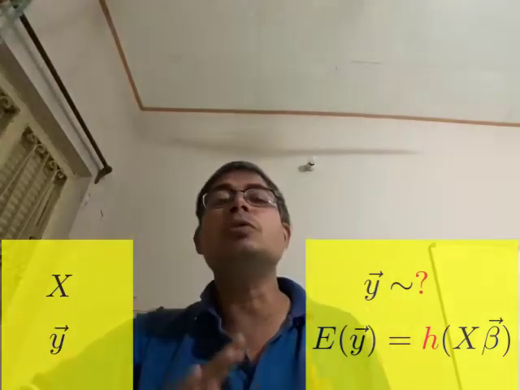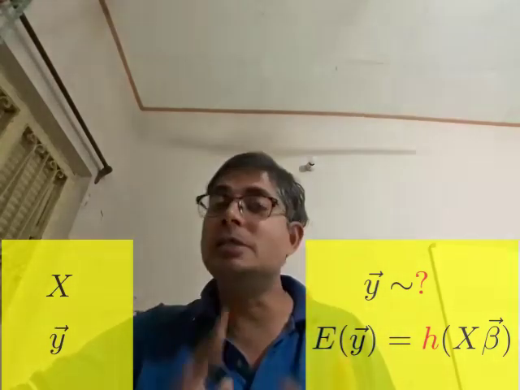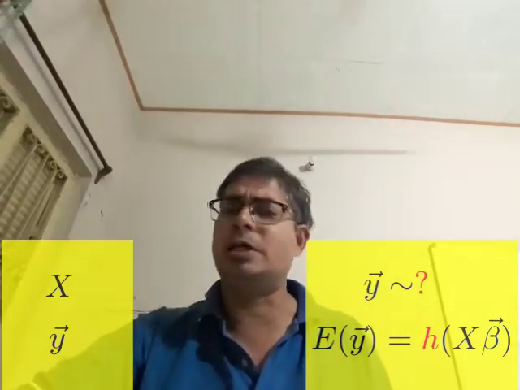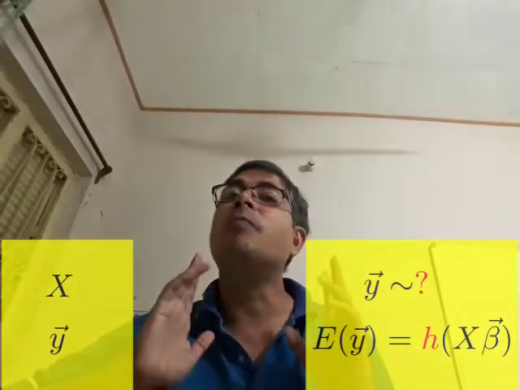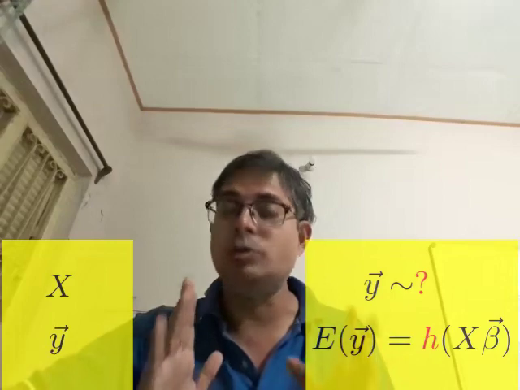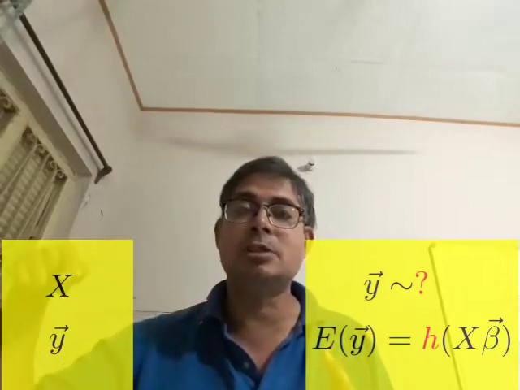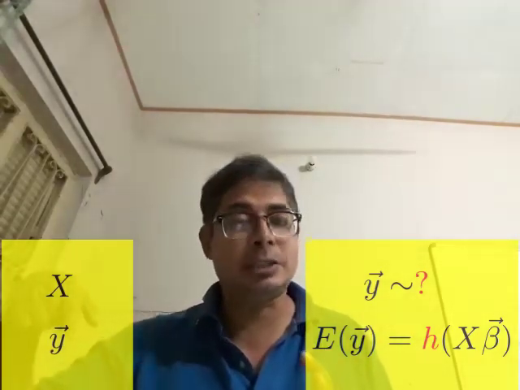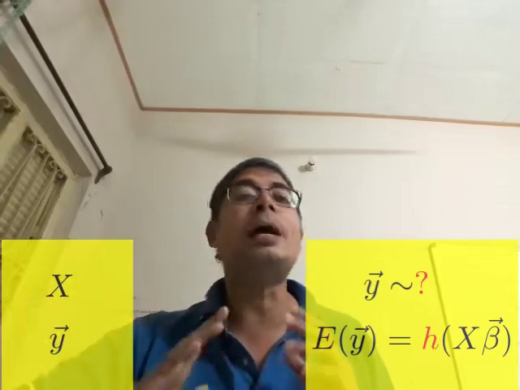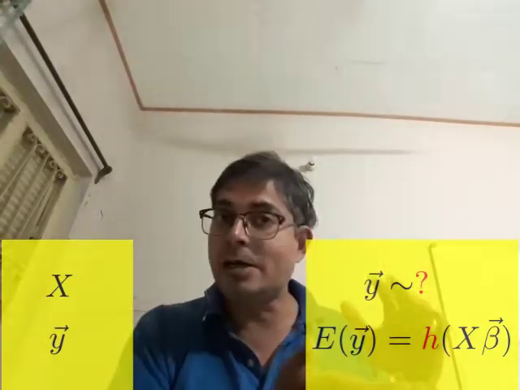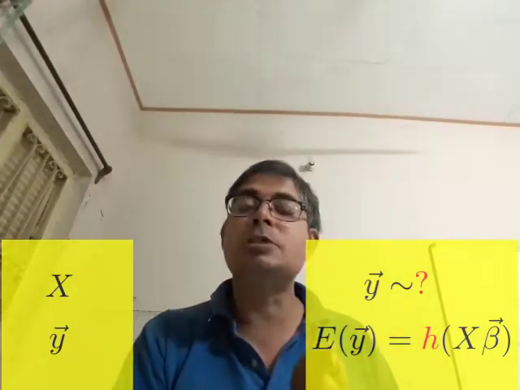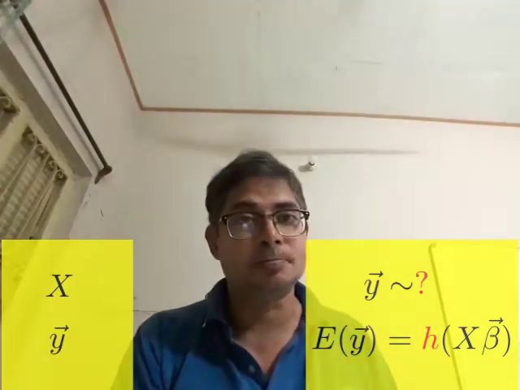So when we want to fit a generalized linear model using a computer, whether R or SAS or whatever, we have to specify four pieces of information. We have to specify the design matrix, the response, the data, the distribution, or rather the family of distribution, and the link function.